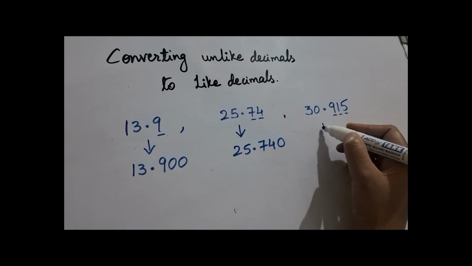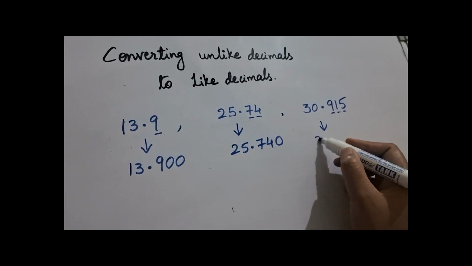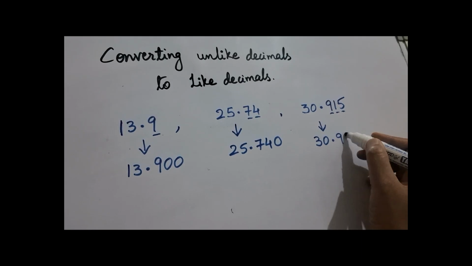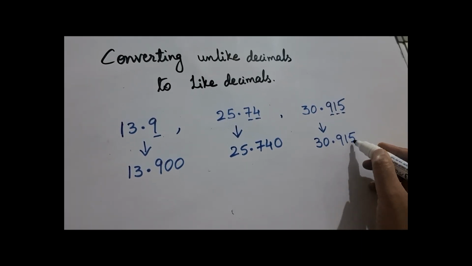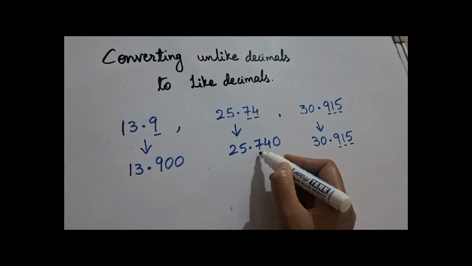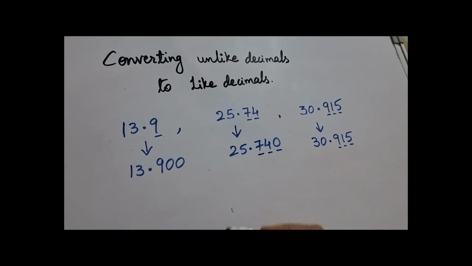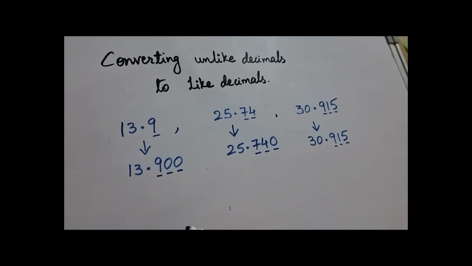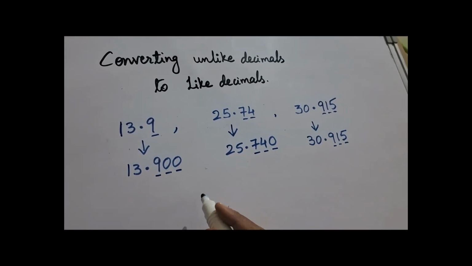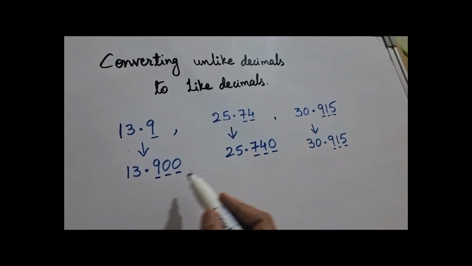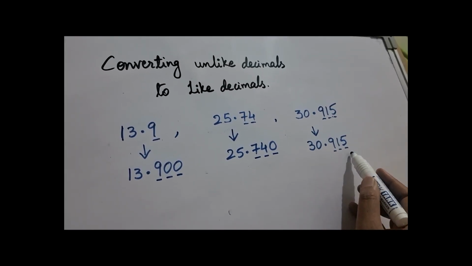Now this number is 30.915. This is as it is, because it is having 3 decimal places. Now this one also is having 3 decimal places now, and this one also now having 3 decimal places. Now this unlike decimal numbers converted to like decimal numbers.